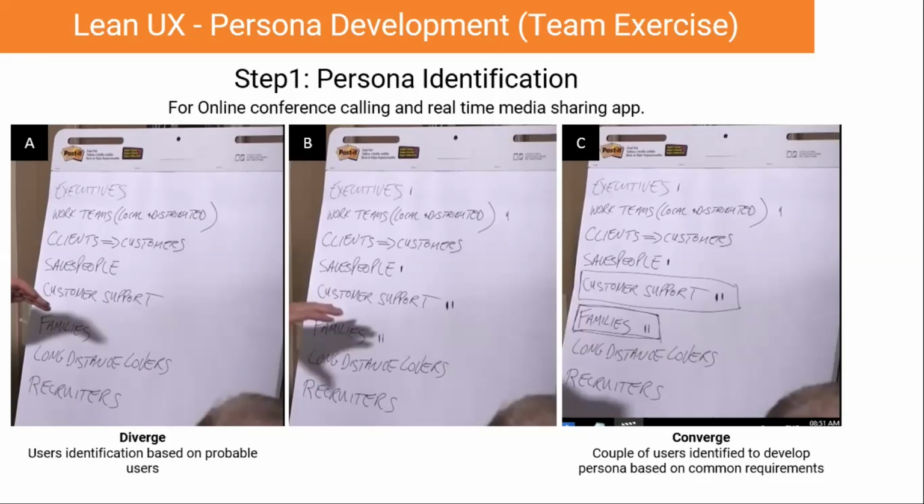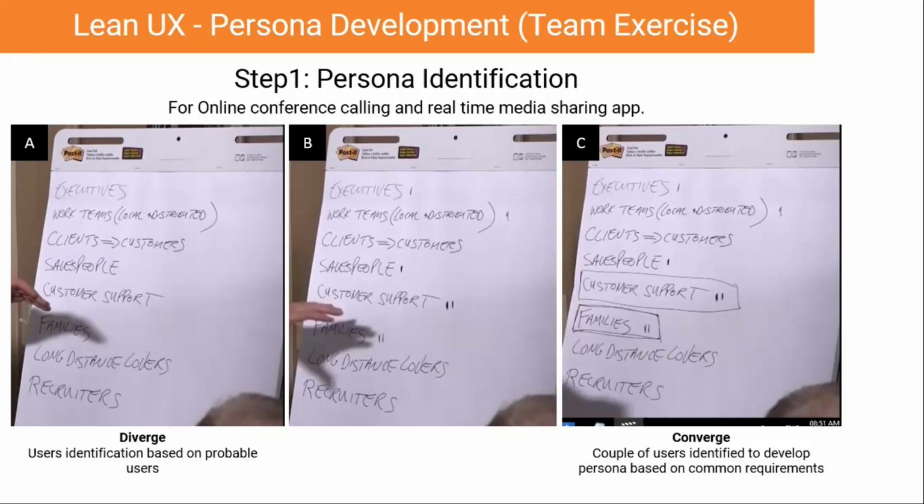But what we are going to learn now is actually a lean way of developing personas. Like I said, Jeff Gothelf is the one who brought this lean UX persona development, which is much quicker and easier than regular personas.